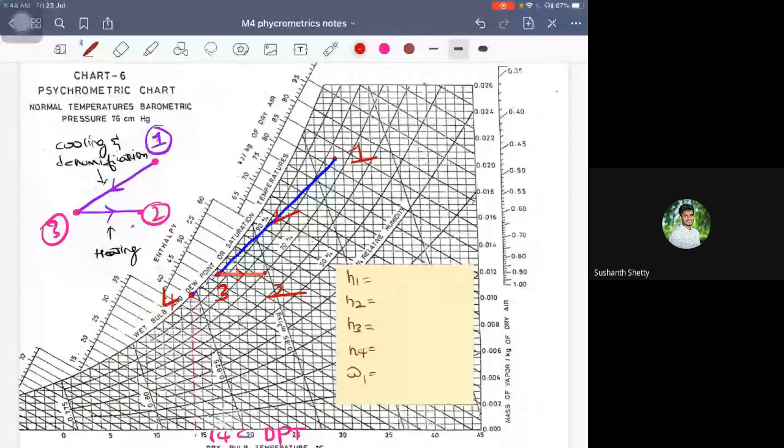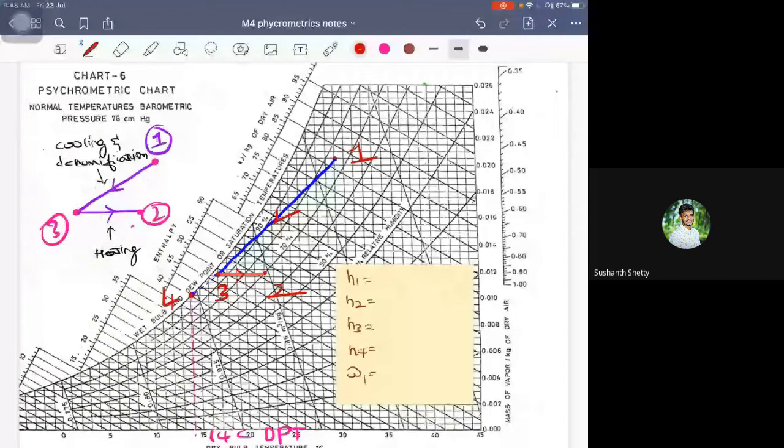It's very simple, guys. Where can I find enthalpy? Are you able to see the word enthalpy in a psychrometric chart? Yes, sir. So enthalpy can be found out here, isn't it?